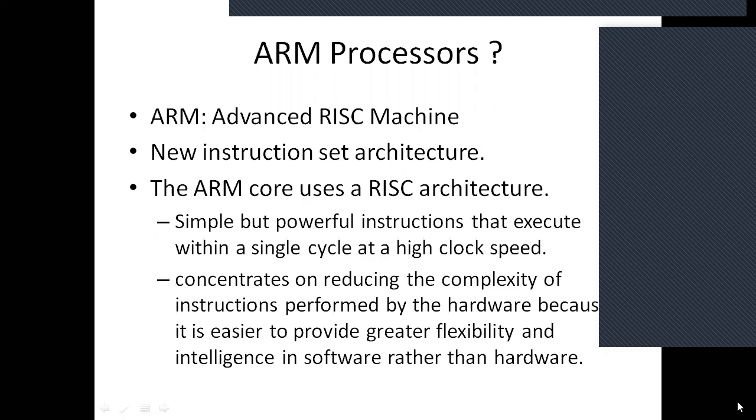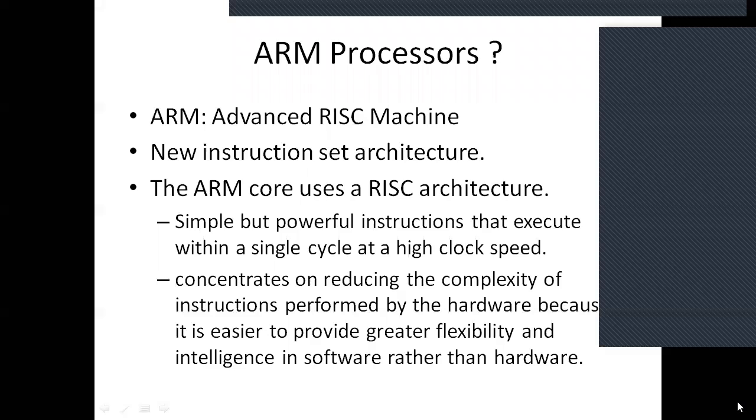So at a high clock frequency, as we know, if you operate your microprocessor or controller at a high frequency, you can execute more instructions. So the overall performance of the system will increase. But when you operate at a higher frequency, there is a chance of increasing power consumption.